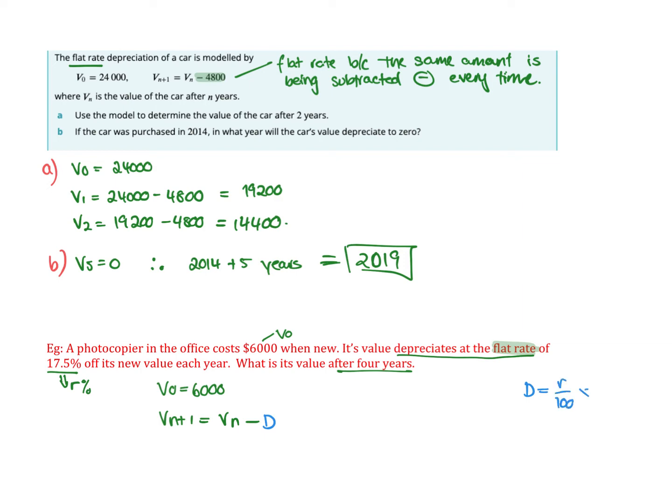Remember D is this formula, so we do 17.5 over 100 times 6,000. That ends up being 1,050. So every time you're going to subtract 1,050, so you can just pop that in and find the value after 4 years.